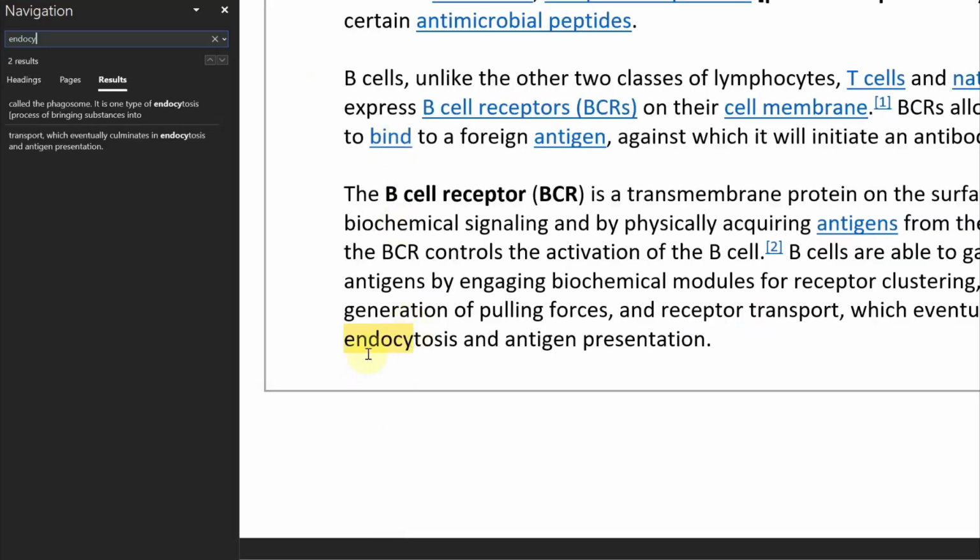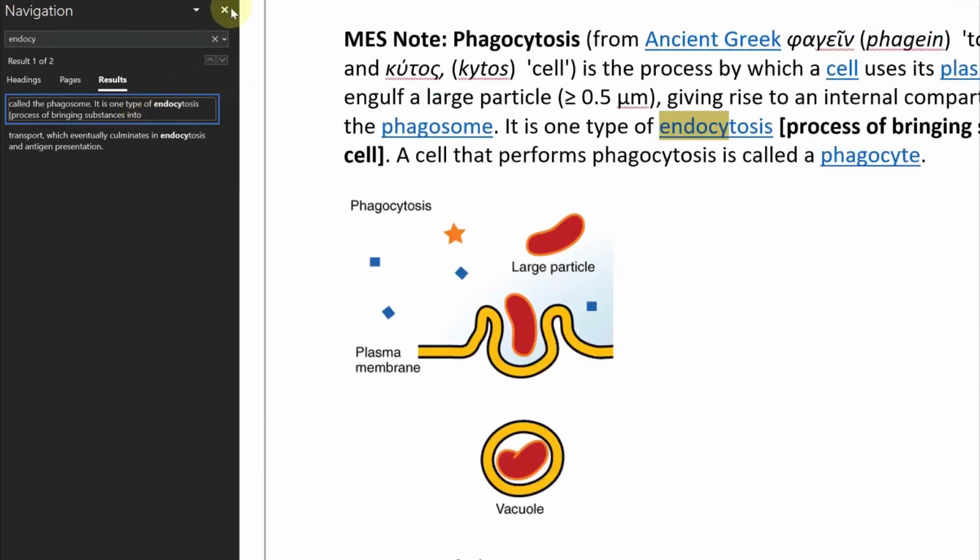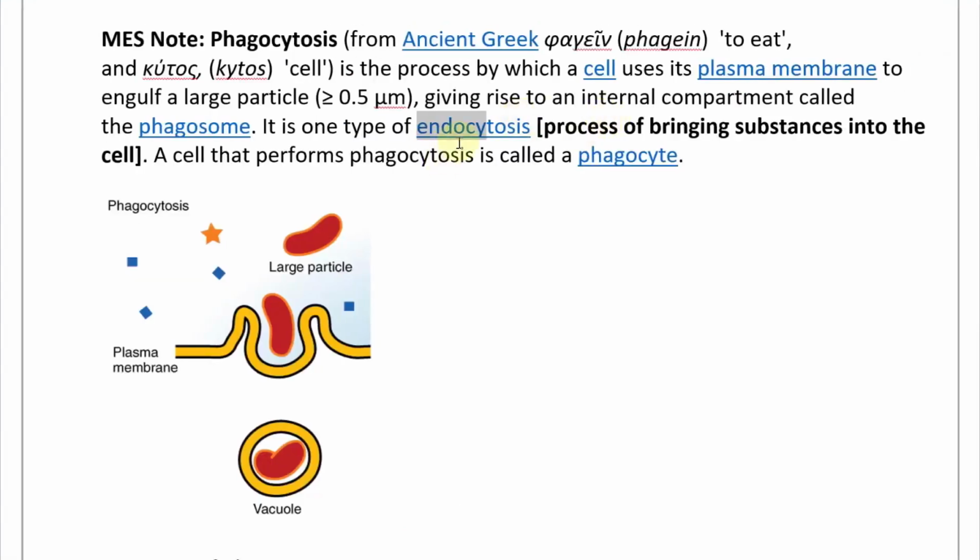And recall endocytosis from earlier. So endocytosis is the process of bringing in substances into the cell, and phagocytosis is using the cell membrane to grab it.